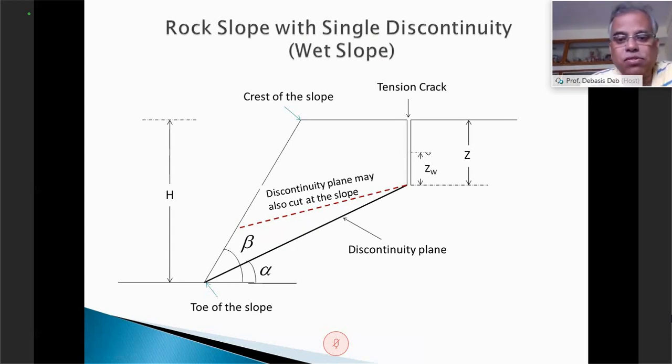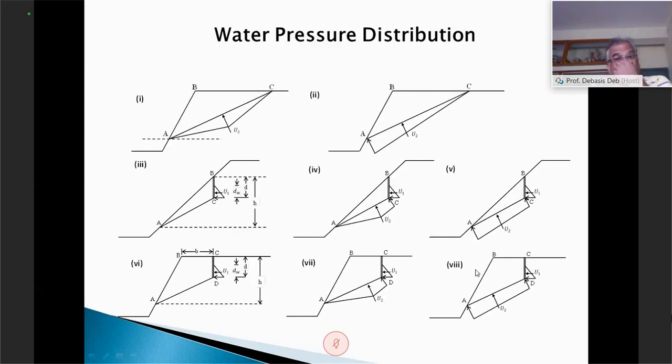Now, how many different ways can this water affect us? There are n number of ways, and this may also depend on the weather condition. Let's say if this slope is in Canada, in the winter time, this water will be frozen and it will become ice.